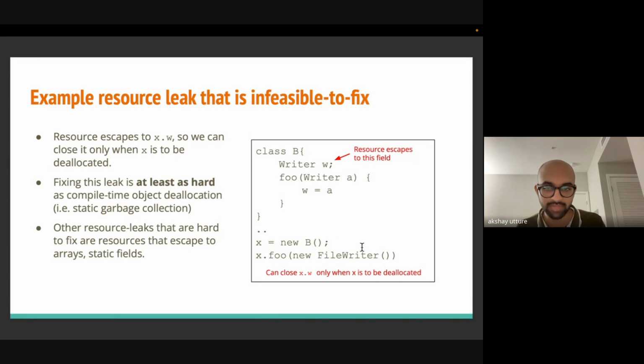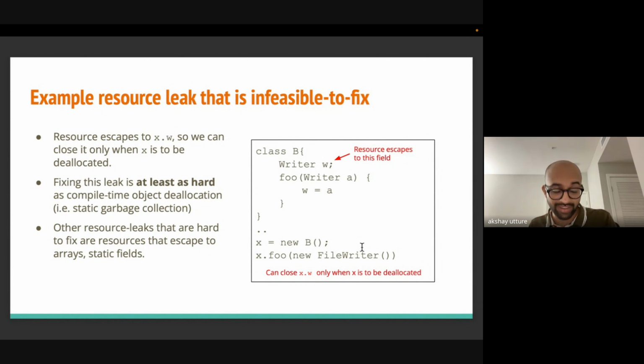This means that this file writer is accessible as long as X is alive. So we can really only close the file writer when X is to be deallocated. Fixing this leak is going to be at least as hard as compile time object deallocation, that is static garbage collection, knowing when X can be garbage collected.